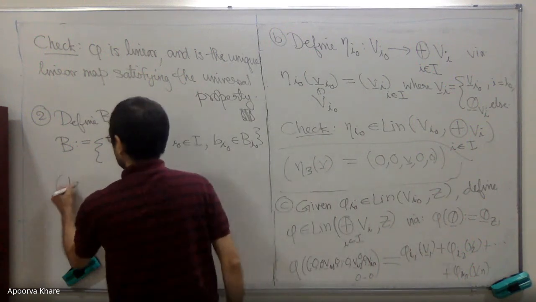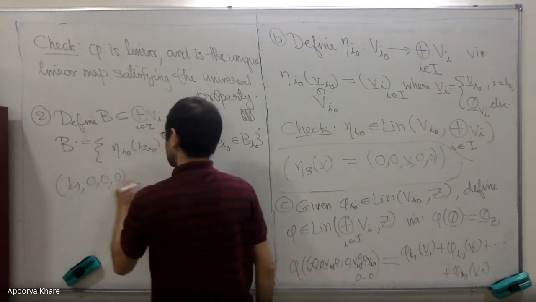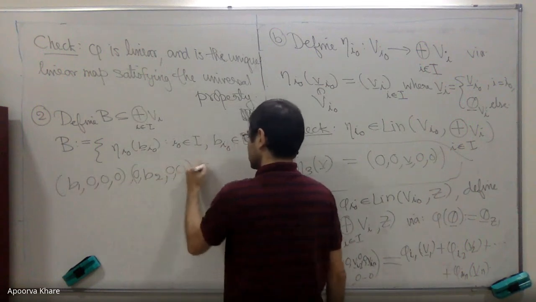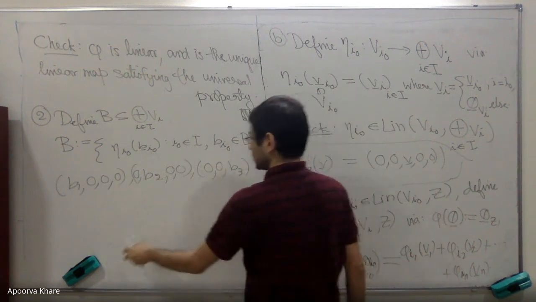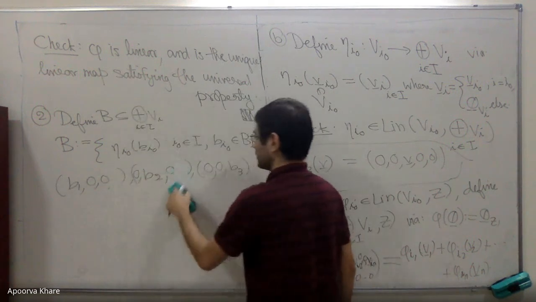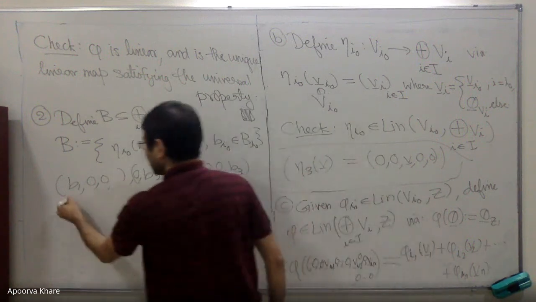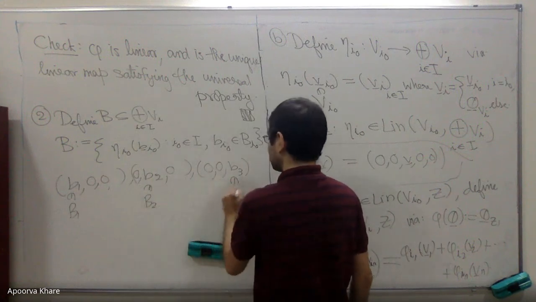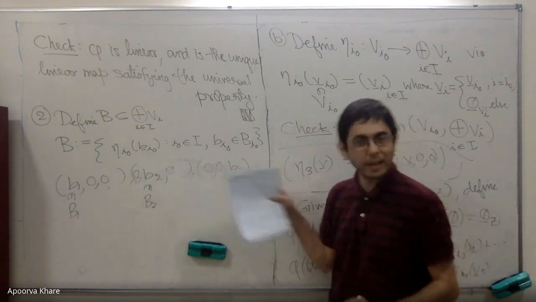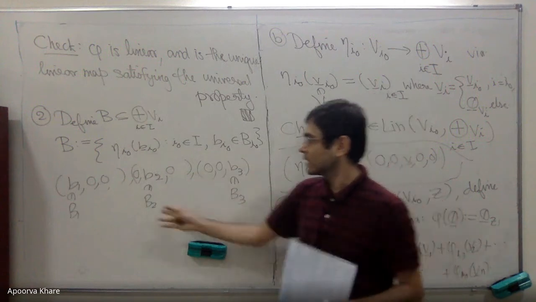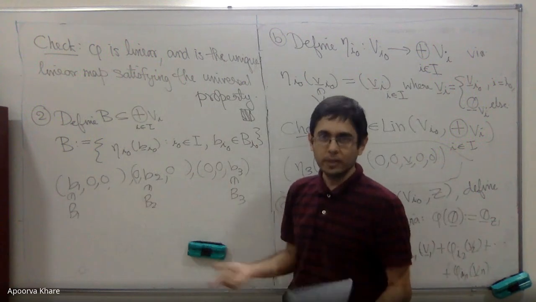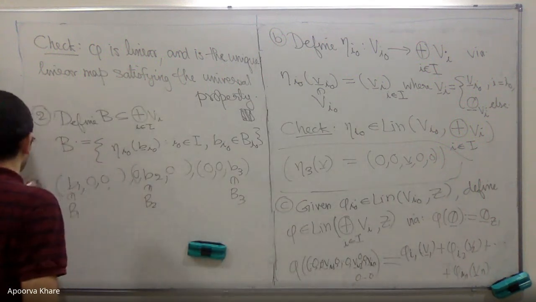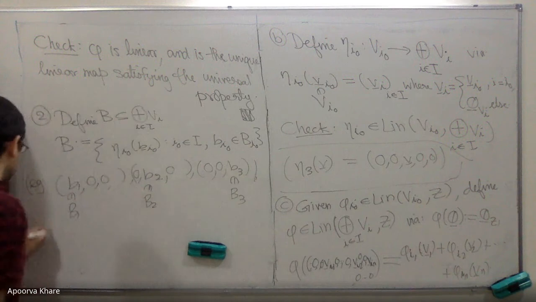So it's like saying b1, 0, 0, 0, and then 0, b2, 0, 0, 0, 0, b3, 0. Let's just do three of them so that I don't run out of space. As long as my b1 runs over all elements of B1, my b2 runs over all elements of B2, and my b3 runs over all elements of B3, these are clearly distinct elements. And moreover, they are in bijection with B1 disjoint union B2 disjoint union B3, because they are at different positions. There is no overlap. Okay, so then B is in bijection.